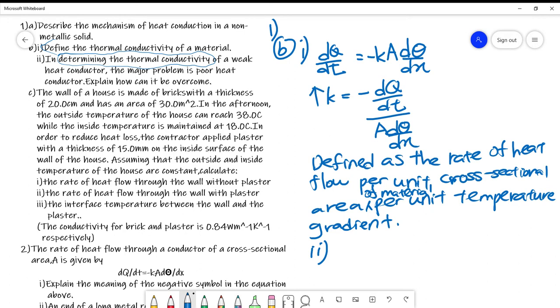So in order for the thermal conductivity to be increased, what we need to modify is to increase the cross-sectional area.